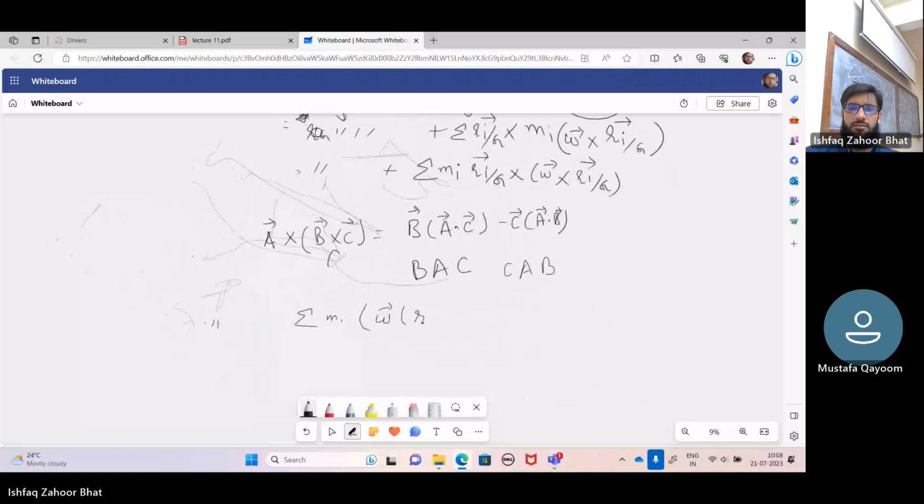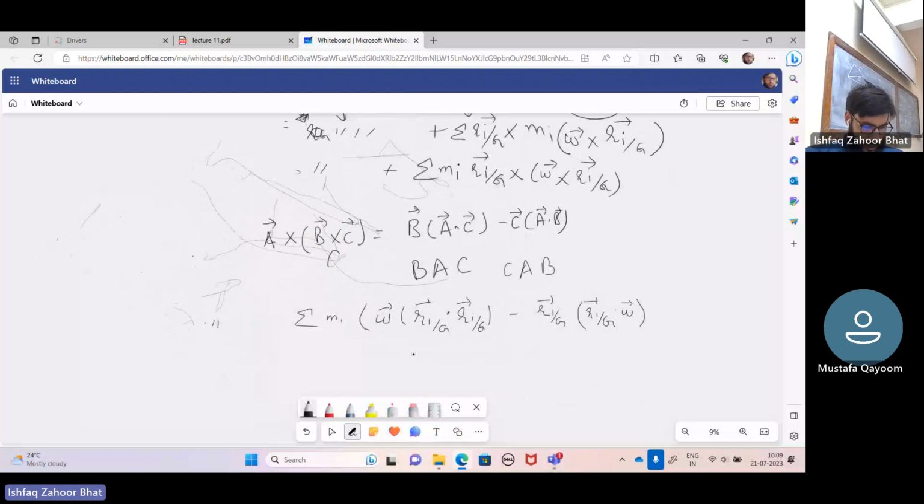Ri with respect to G, dot, what is C? Ri G with respect to G. Minus, C is Ri G, and A is Ri G cross omega, dot omega.